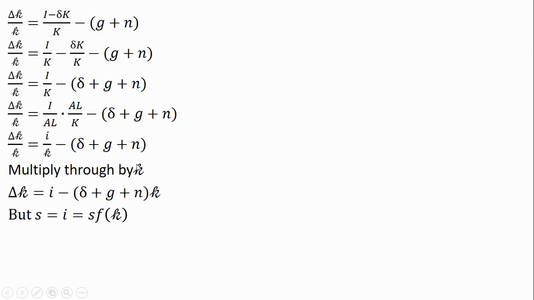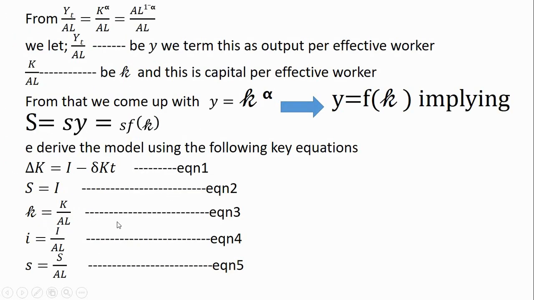But remember, we said that the market clears, and it clears at a point where our savings are equal to investments. But remember, we said that savings are equal to small s times y, right? One of the assumptions was savings is a fixed proportion of income, right?